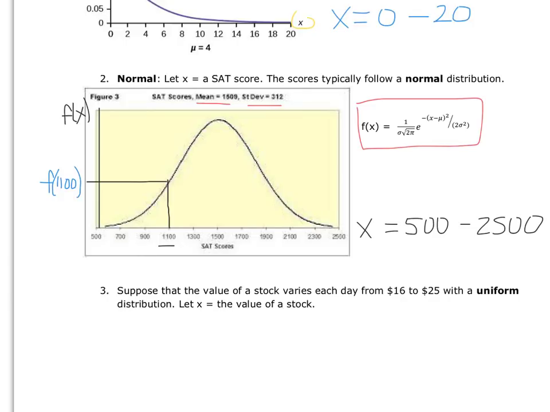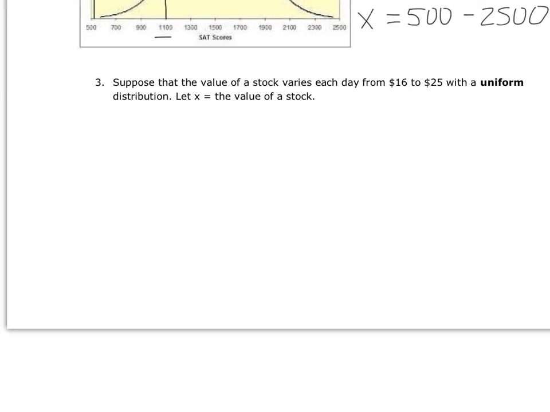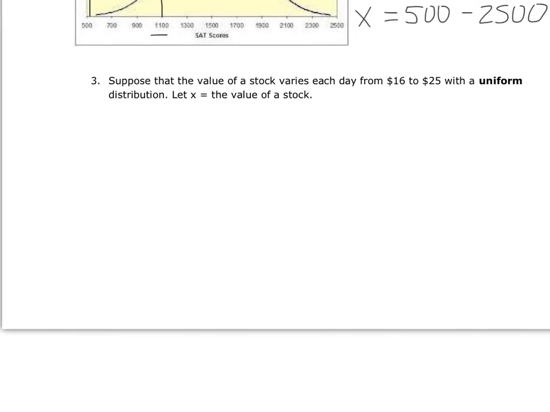Okay, let's look at a uniform distribution now. Suppose the value of a stock varies each day from $16 to $25 with a uniform distribution. Let x equal the value of a stock. Let's first look at what that means for the graph. The values that x takes on go from $16 to $25.